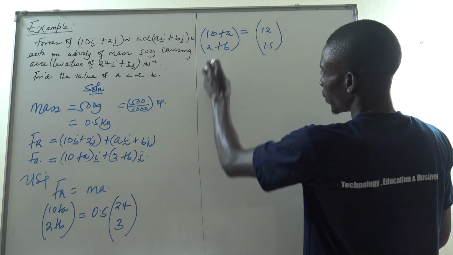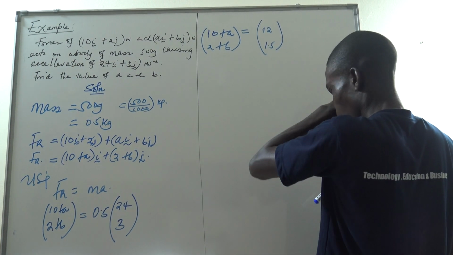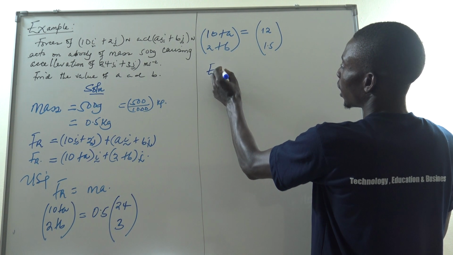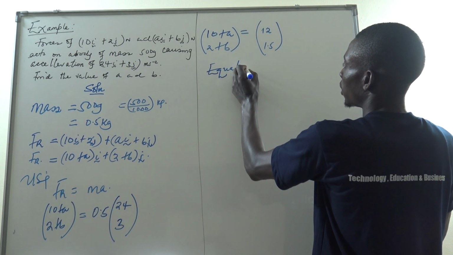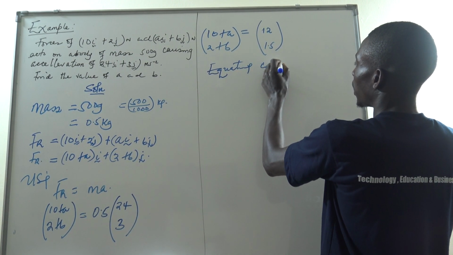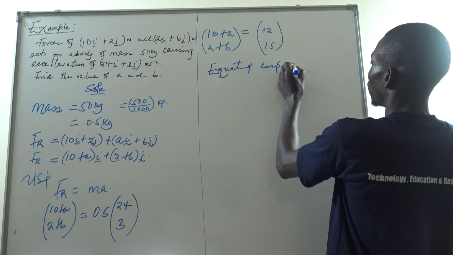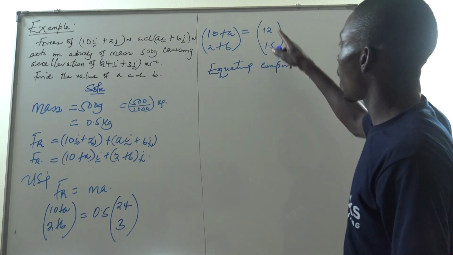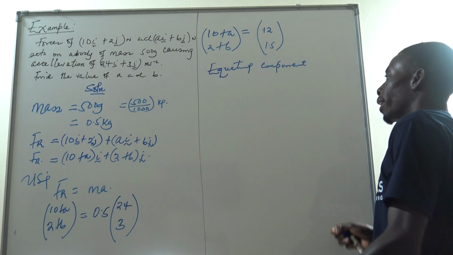I'm still continuing with this. The next thing here is equating components. The i and j components, I can equate them. The upper one should be equal to the upper one, the lower one to the lower one.